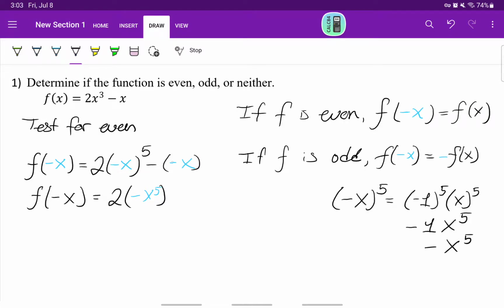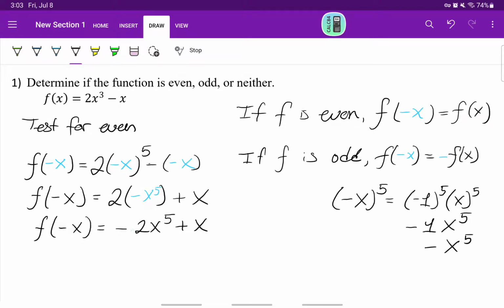And a negative next to each other like this makes a positive. So it's going to equal negative 2x to the 5th power plus x.